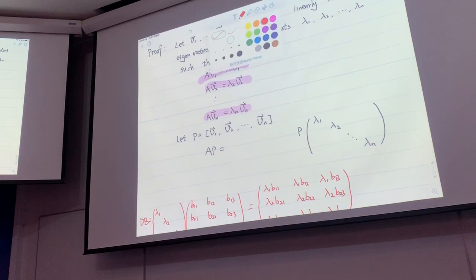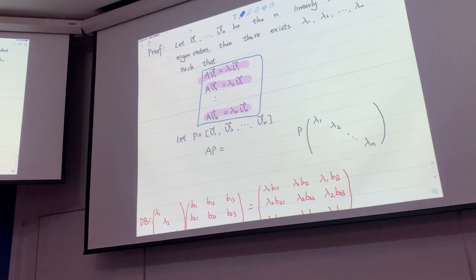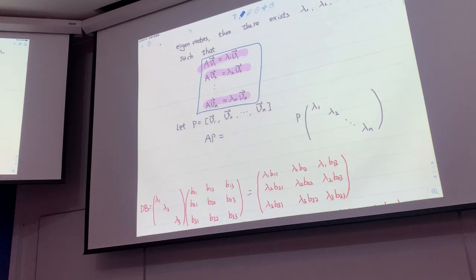If I want to write this formula in matrix form, you can see A times V1, V2 to Vn equals lambda 1 V1, lambda 2 V2 to lambda n Vn.